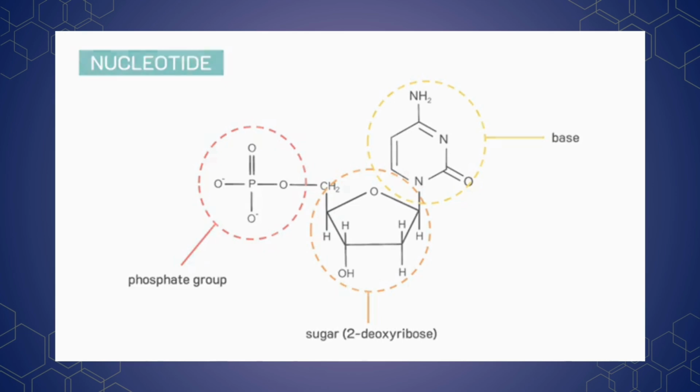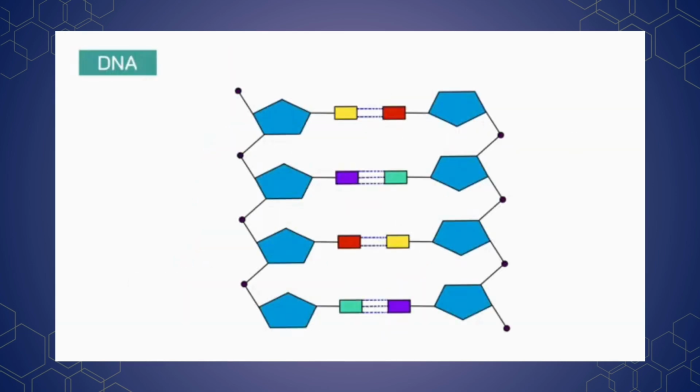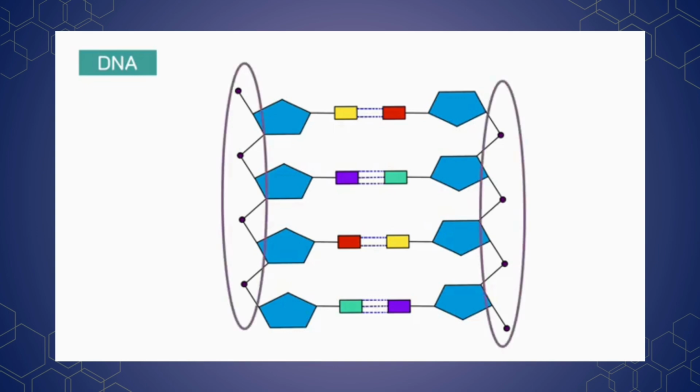This is why nucleotides are the building blocks of nucleic acids, as you can see here on the example of DNA, where 4 nucleotides on each side are linked together by the phosphate groups. The alternating sugar and phosphate groups create what is known as the sugar-phosphate backbone, which is important for the molecule's stability.